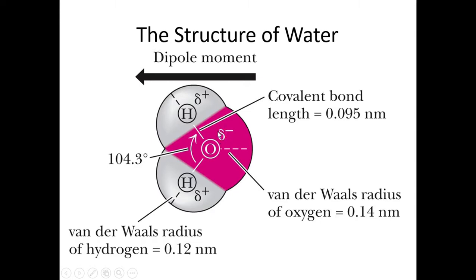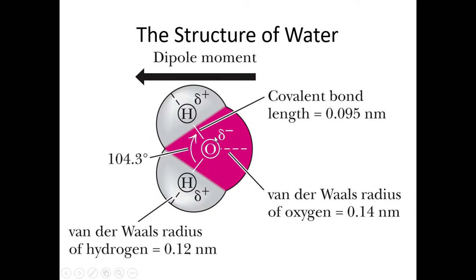So this is the structure of water: 2 hydrogens and an oxygen. If you also remember the discussion of polarity from Gen Chem, because this bond angle is non-tetrahedral and oxygen is more electronegative than hydrogen, we have an uneven distribution of charge.